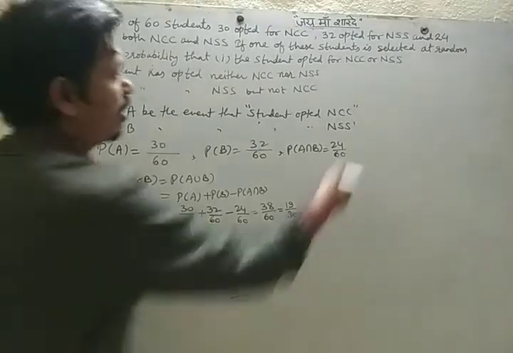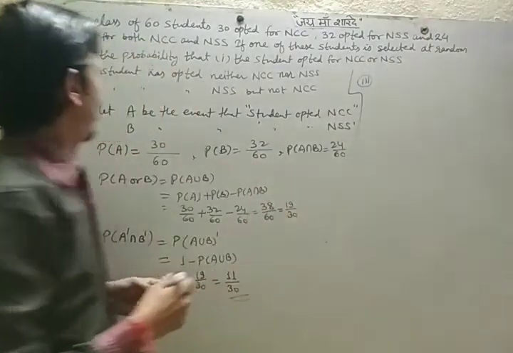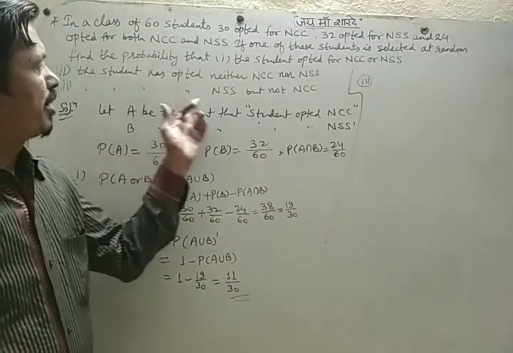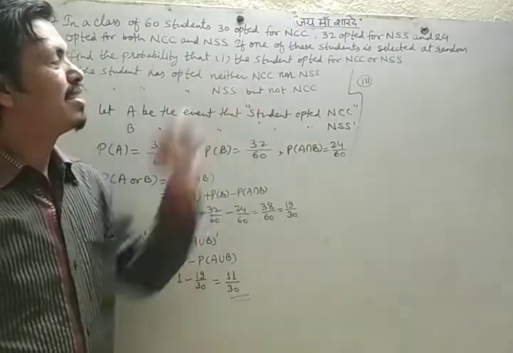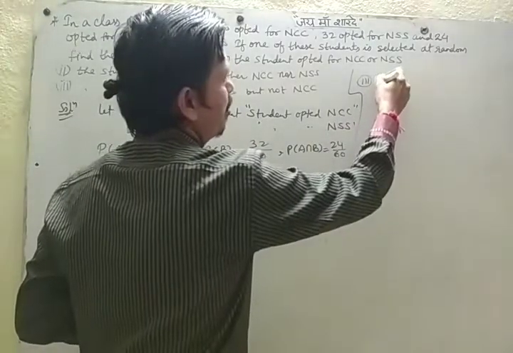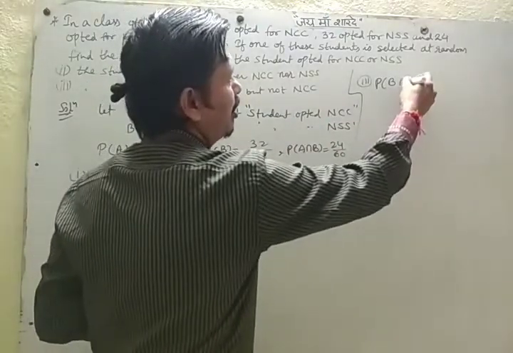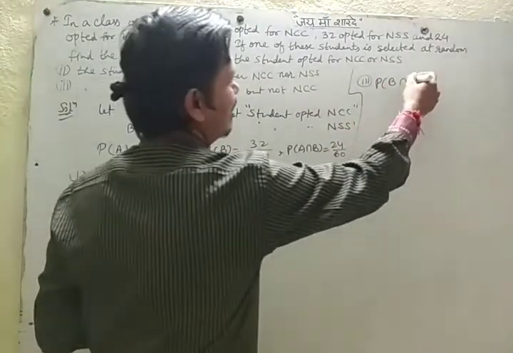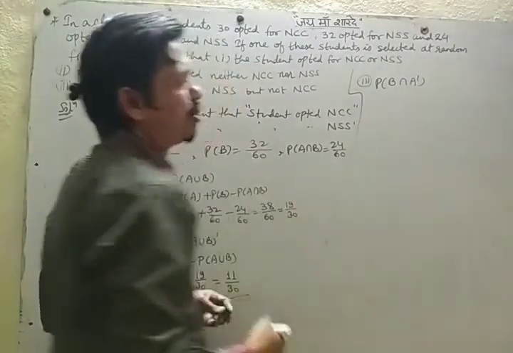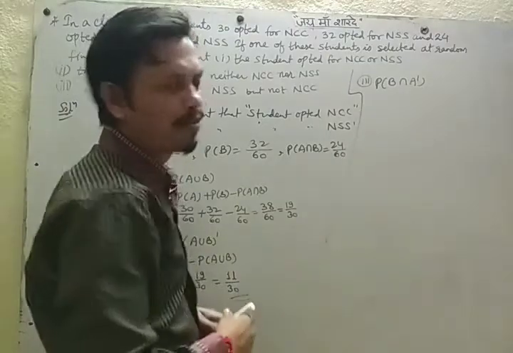Now, the third question. The student has opted NSS but not NCC. NSS but not NCC means probability of NSS, B, but not, and not NCC means not A. So probability of B intersection A dash. This you have to find.